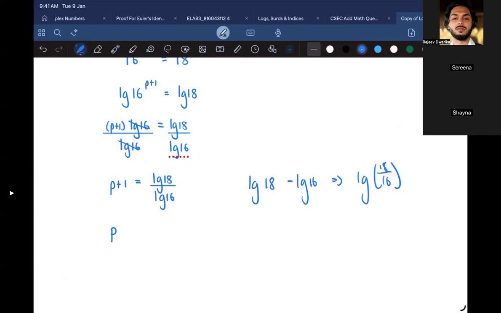No, I was going to answer as log with like the... Oh wait, you want to use the change of base formula? Yes. You're going to say log base 16 of 18. Oh, okay. Big up you. So p plus 1 is equal to log base 16.